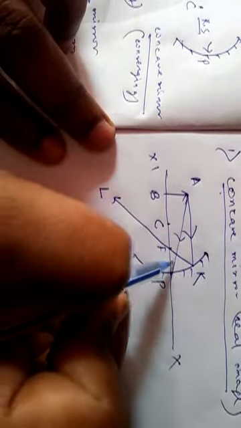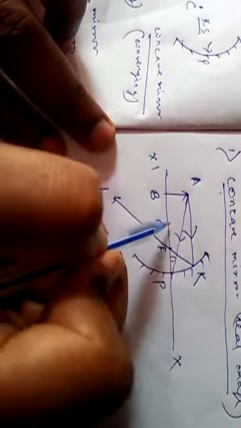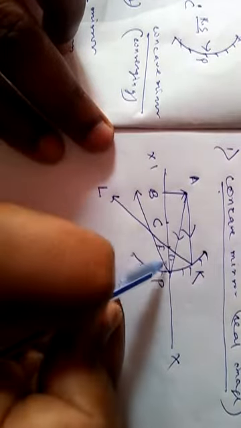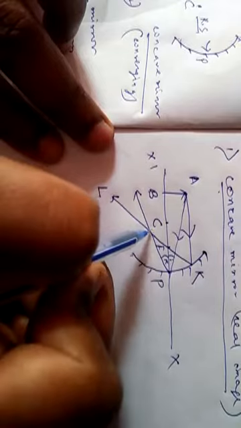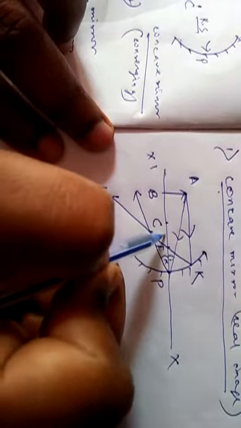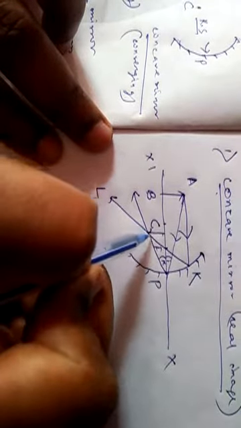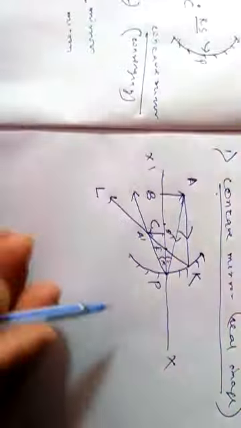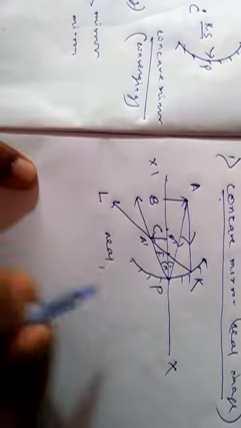This is angle of incidence I. After reflection, it goes like this. This is R, angle of reflection. So both the reflected rays meet at this point and the image is formed, A dash B dash. So this image is called real image. This is real and it is inverted image.